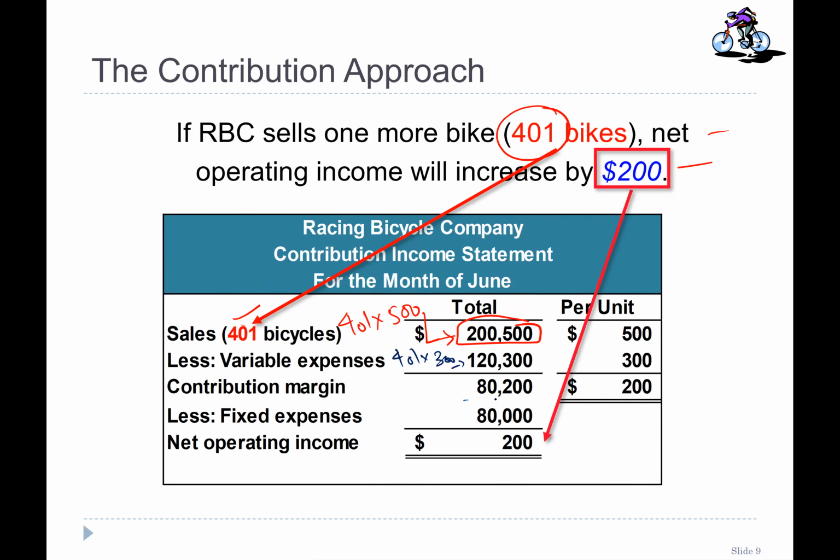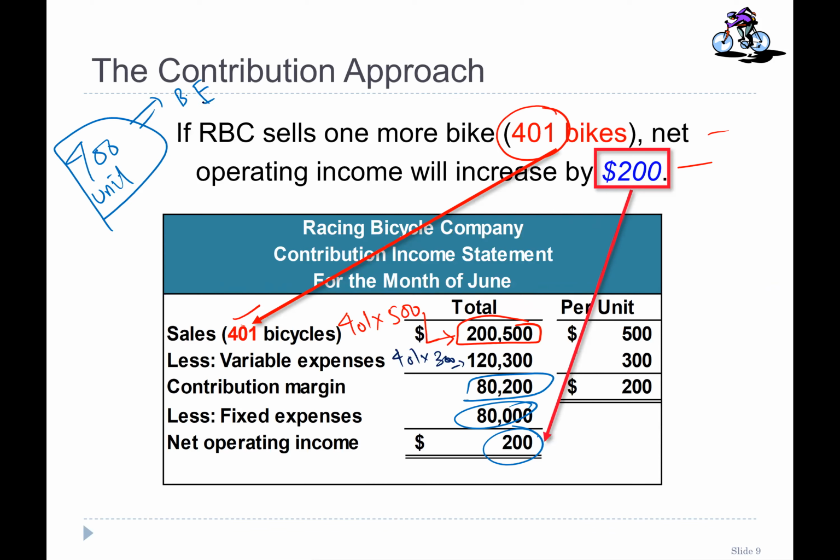Sales minus variable cost gives the contribution margin, minus fixed cost, right? Now recall our second definition of contribution margin. After covering fixed cost, we know that our fixed cost is going to be covered at 400 units because 400 units is the break even.